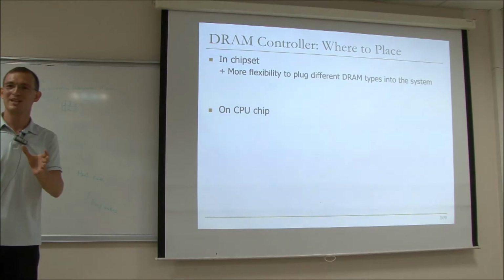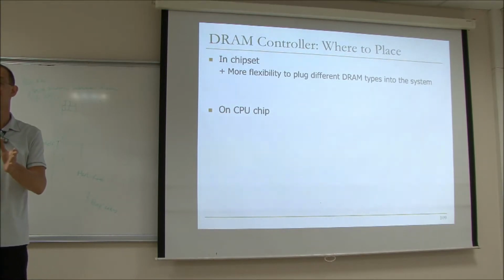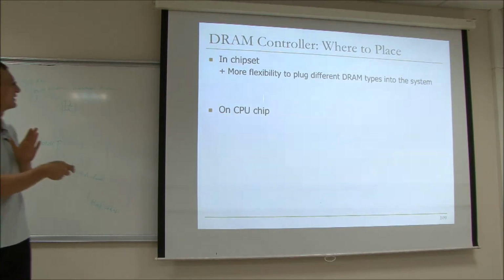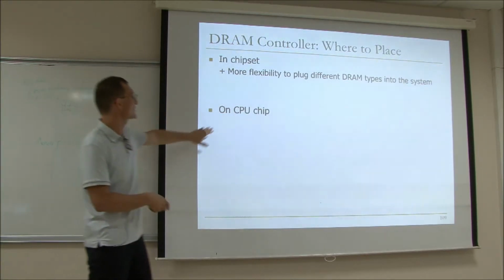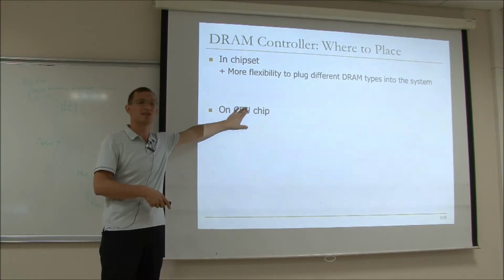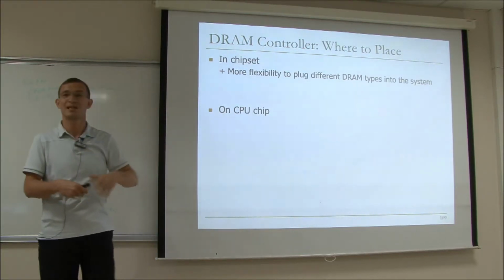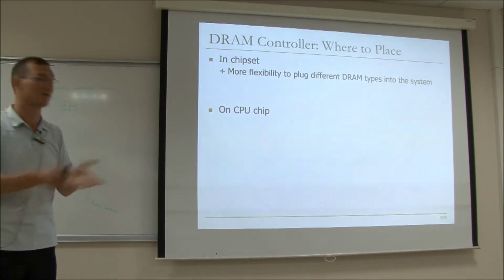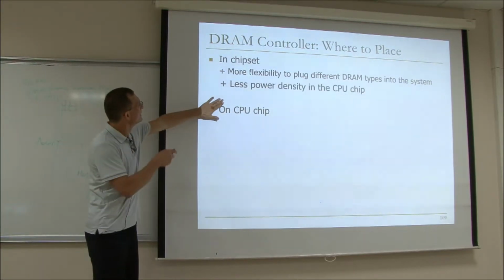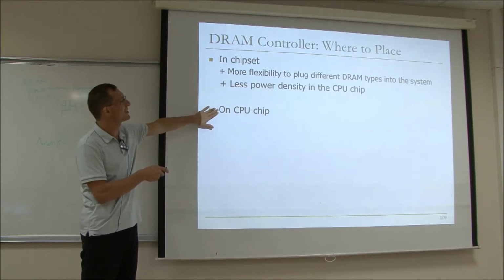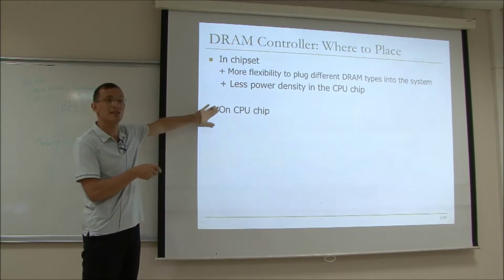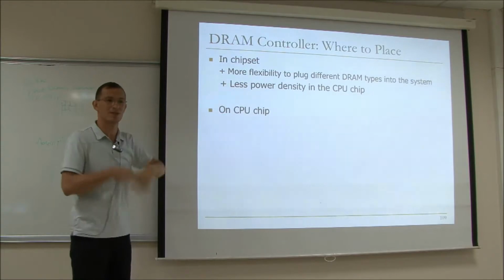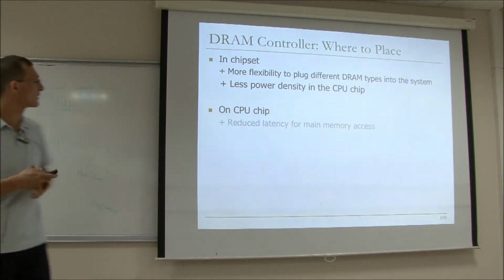Because you can keep the interface between the DRAM controller and the chip the same, but you can have different DRAM controllers there. Whereas if you put it on the CPU chip, it becomes more expensive to support more DRAM controllers. You cannot support DDR3, DDR2, DDR4, DDR5 at the same time, or FBDIMM, for example. In the chipset, you also have less power density than in the CPU chip, whereas the CPU chip is a very active part of the system.